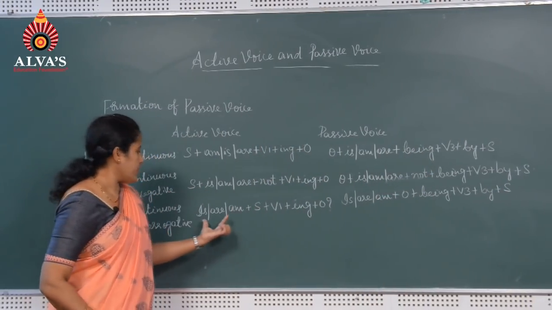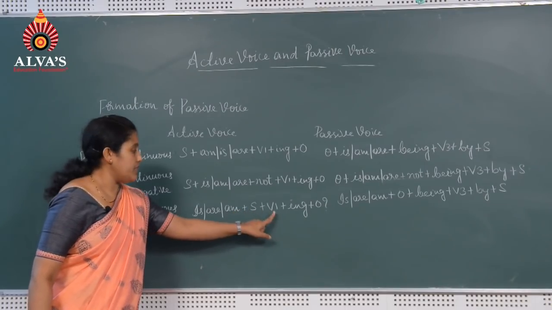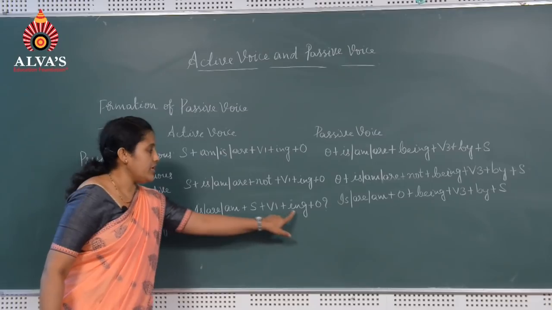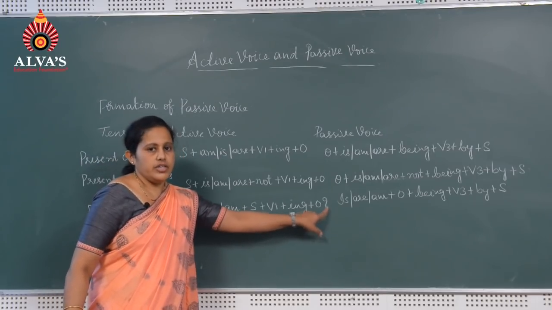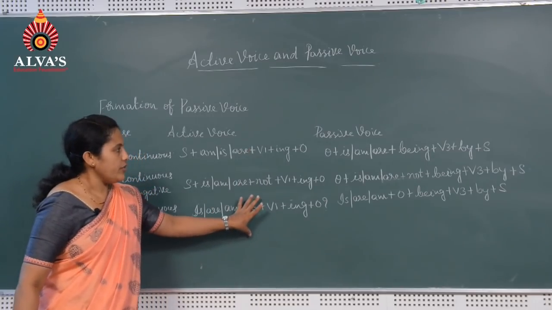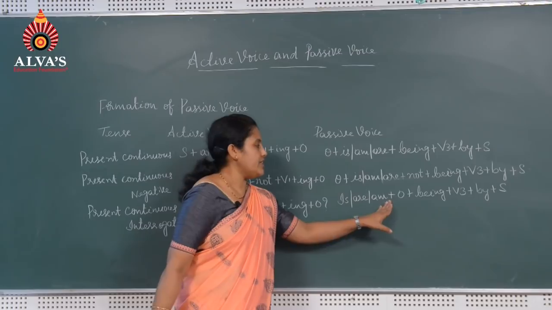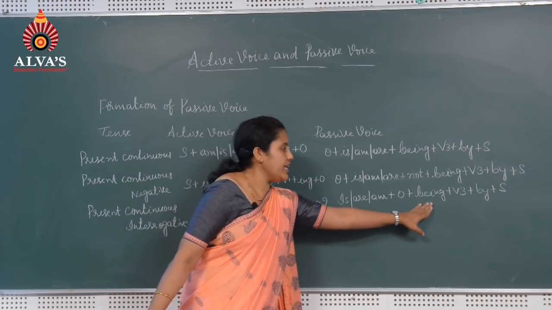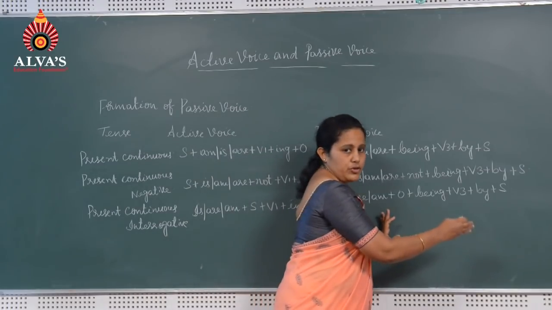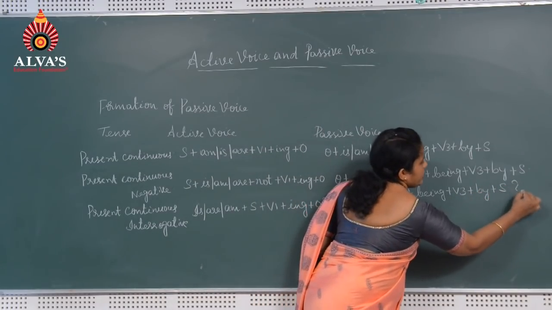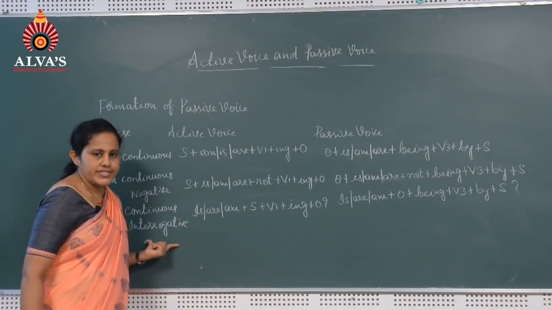Here, O means object. This is active voice. When it comes to passive voice, is, are, am plus object plus being plus V3 plus by preposition plus subject, then there should be a question mark because it is an interrogative sentence.